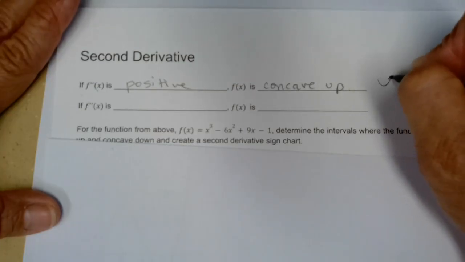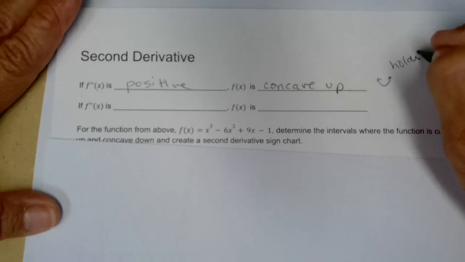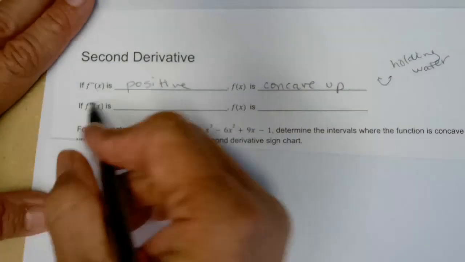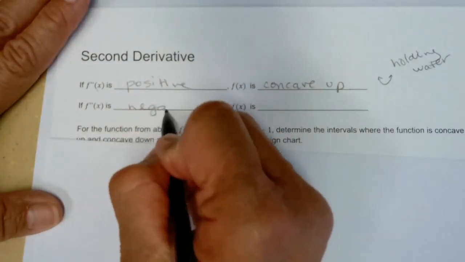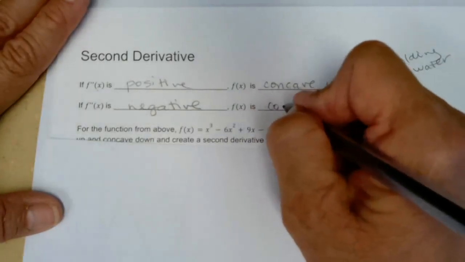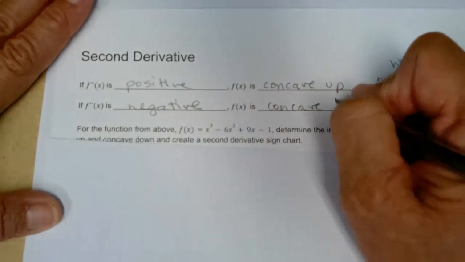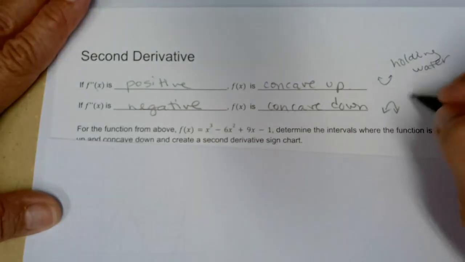Concave up, right, it's the smiley face. It means it's holding water. If f double prime is negative, good. We say the function is concave. I know, you guys know. Down, very good. So dumping water.